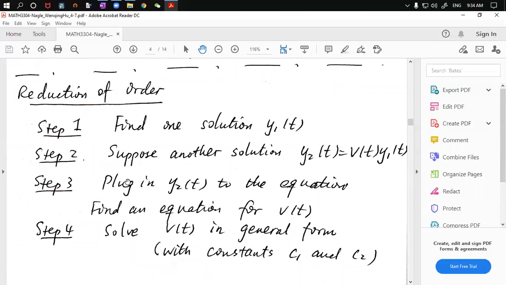If you have a constant coefficient homogeneous equation, you have one candidate solution. You want to find the other solution, then you use this method called reduction of order. So you find one solution y1 of t.